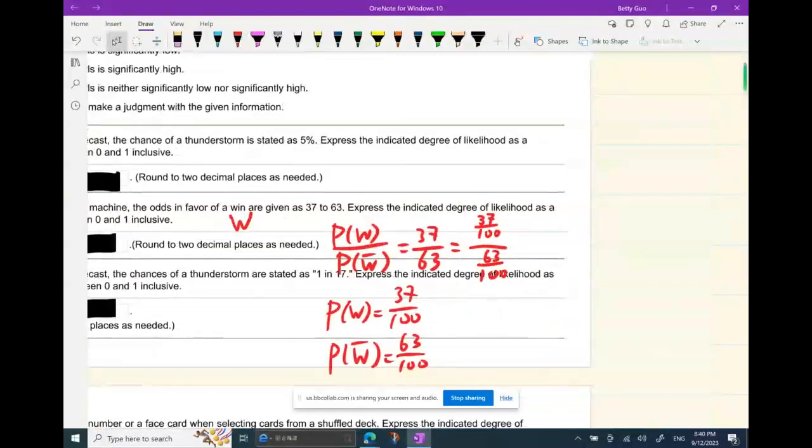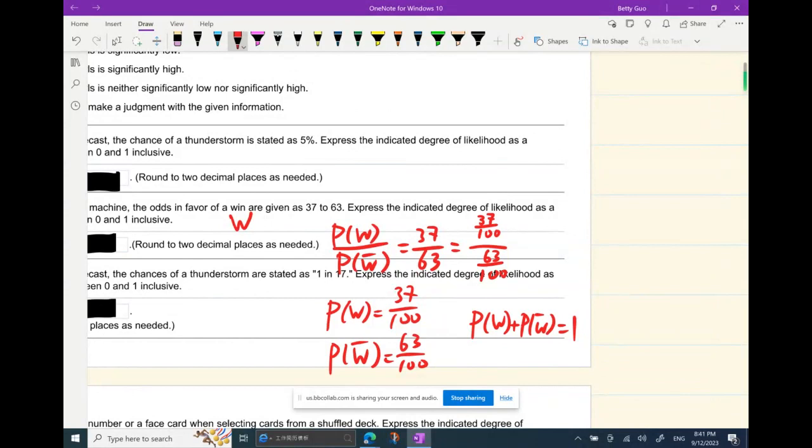This way we guarantee P of W plus P of W bar equals 1. You might wonder, do you always divide by 100? Not always. You have to divide by a number such that the two probabilities add up to 1.